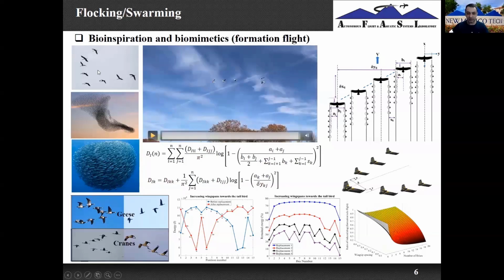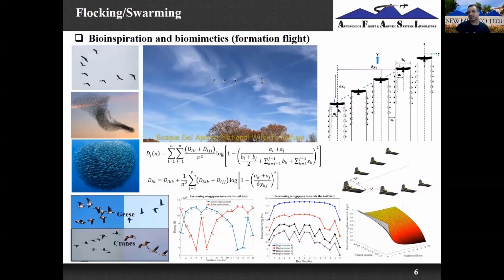Another thing is smaller birds or insects like bees. Why do we see these types of behaviors? Why, for example, do thousands of small birds or insects fly together? Here, the main concept is not about aerodynamics or saving energy.